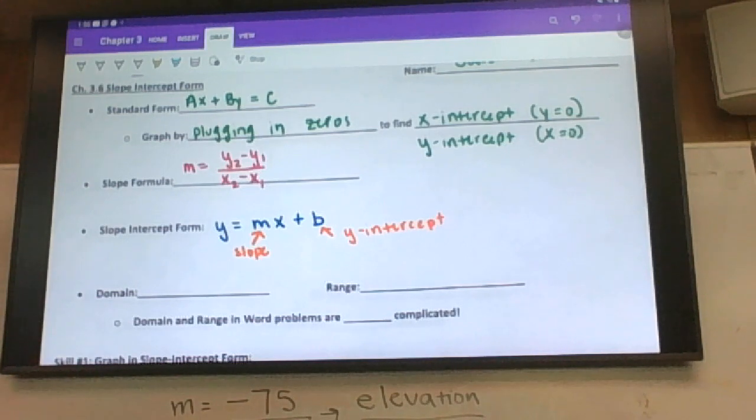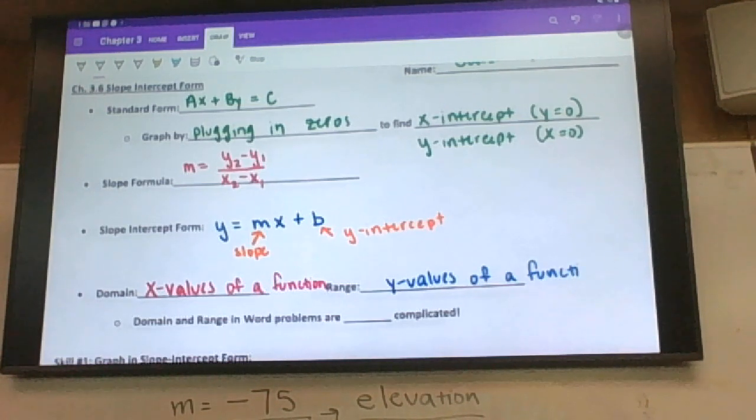Domain is our x values, and range are the y values of a function. The domain and range of straight lines is always the same answer, all real numbers. So if you never do anything besides that, you think domain and range is always all real numbers.